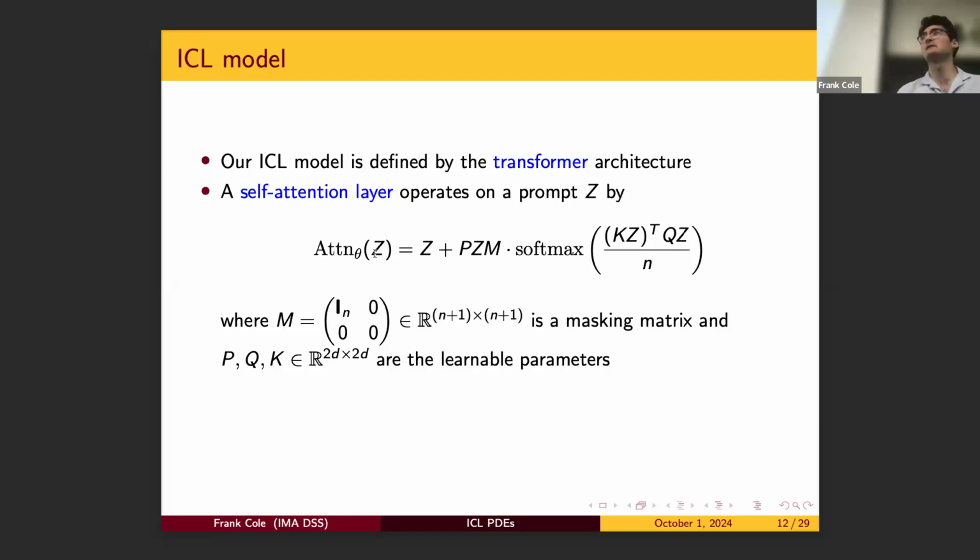In this case, if you think of Z as the prompt matrix with the structure described on the previous slide, then a self-attention block has the following structure.